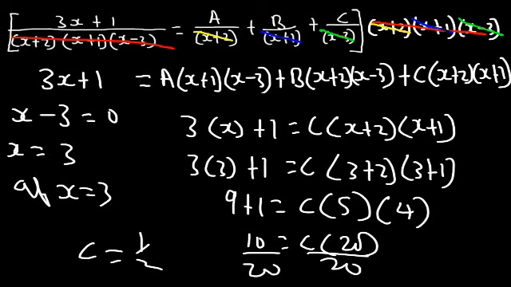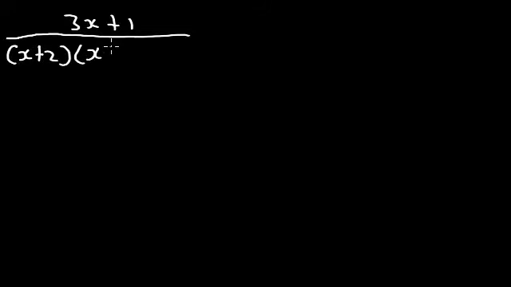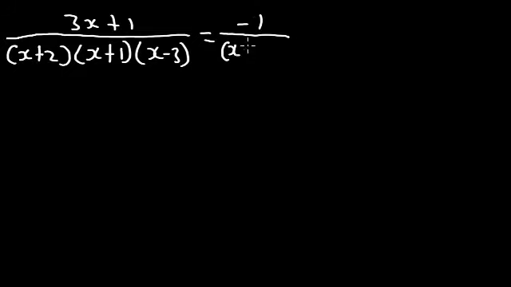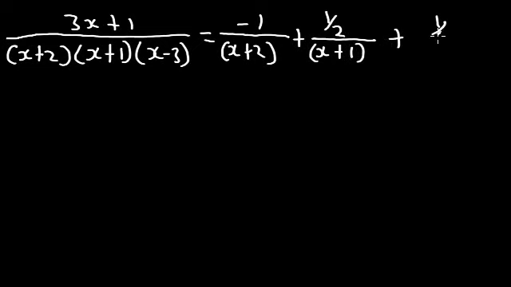So now we can write the final statement. So therefore, 3x plus 1 all divided by x plus 2, then multiplied by x plus 1 multiplied by x minus 3 will be indeed equals to, so a is negative 1 all divided by x plus 2, plus 1 half, which is b, divided by x plus 1, then plus 1 half, which is c, divided by x minus 3.